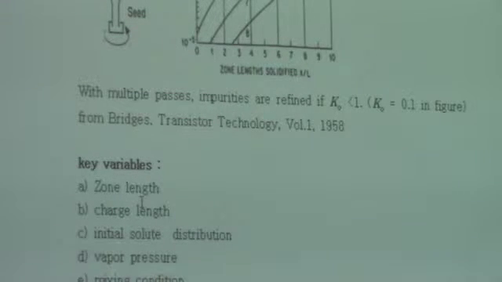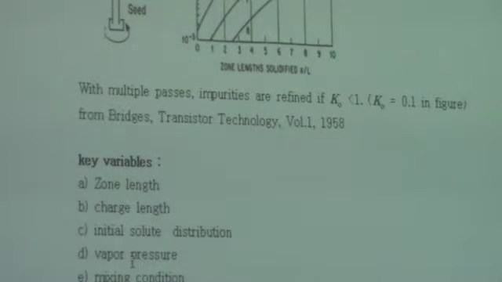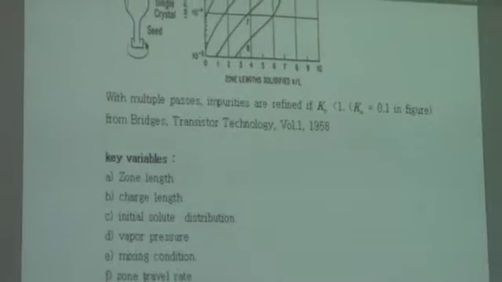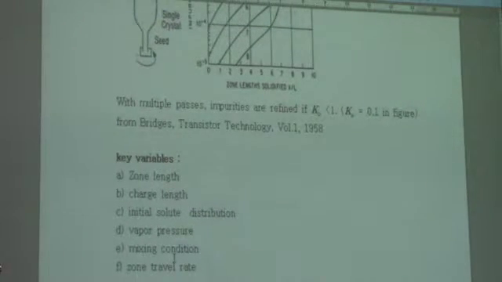So the key variables are going to be zone length, of course, charge length, the total length of the polycrystal silicon rod, initial solid distribution, vapor pressure, mixing condition, and zone traveling rate.